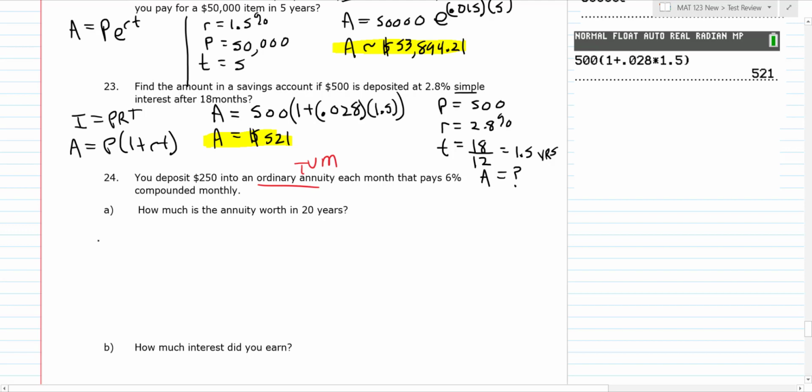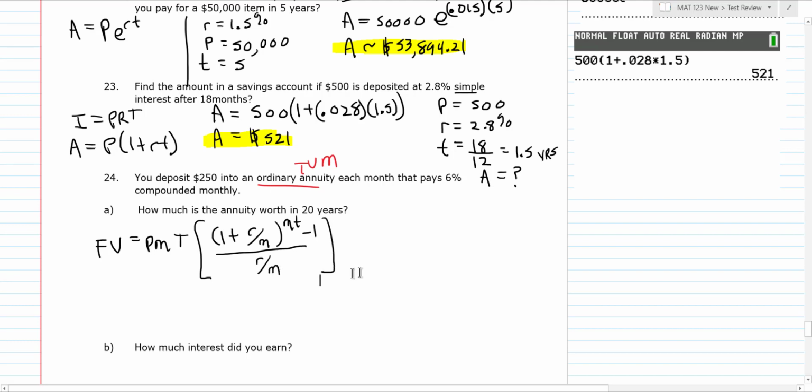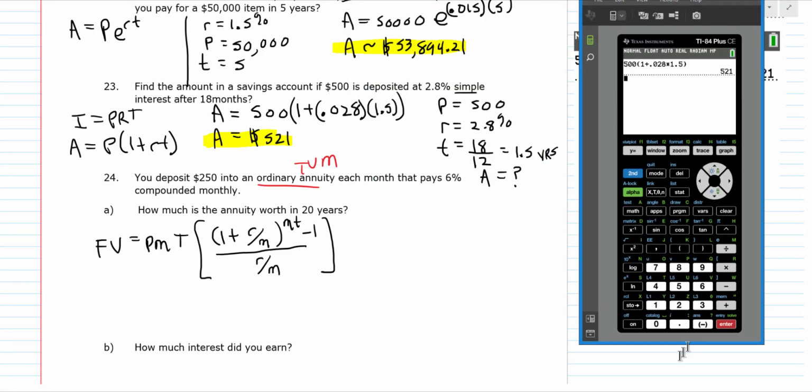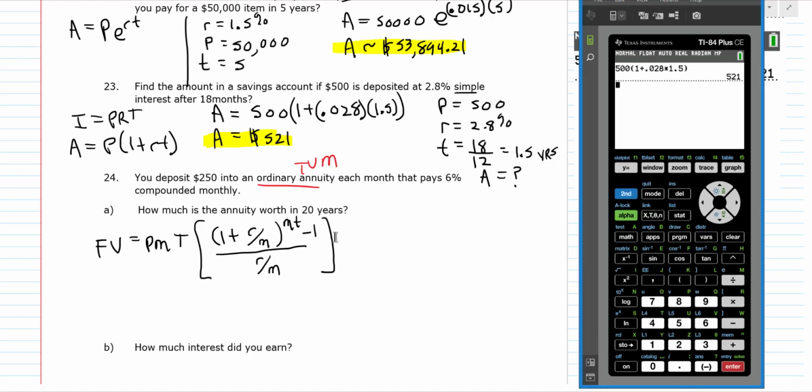Future value equals the payment times 1 plus R over M to the MT minus 1, all over R over M. You can do that, or you can do the TVM solver. So what I'm going to do is just set up the TVM solver and kind of show you how that goes in. You can plug into that formula if you want to.